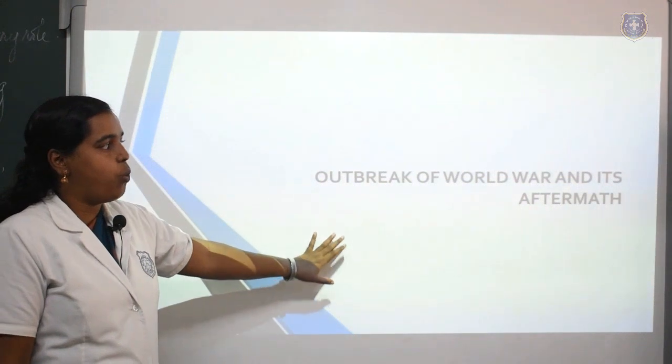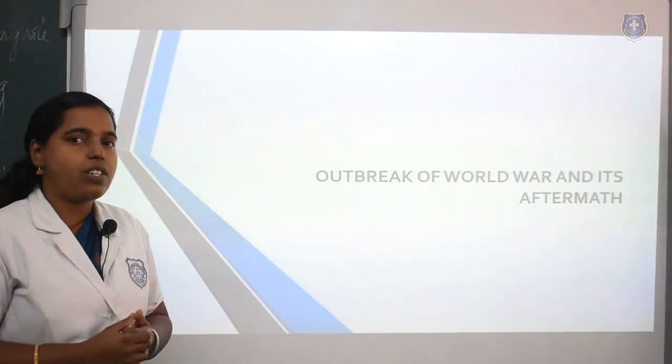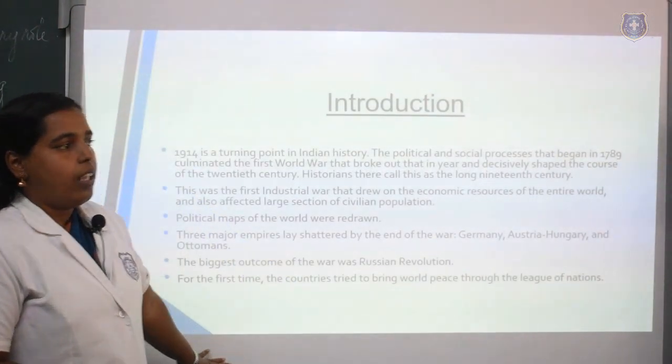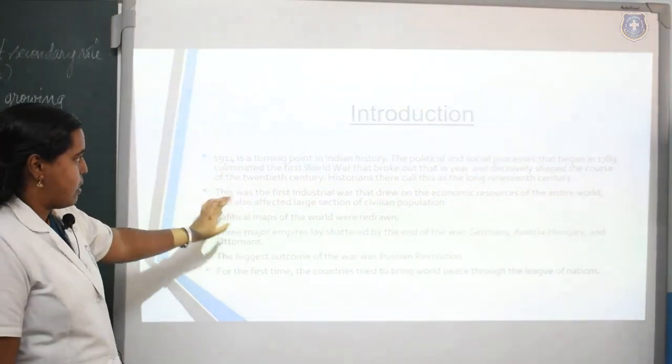So let's go through what the causes and reasons for World War I are, what countries were included in World War I, and its aftermath. Now let's see what topics are going to be dealt with in this lesson.